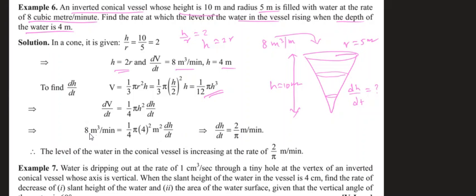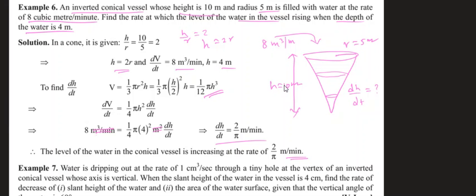So we get 8 equals 2 pi into dh by dt. Are you able to understand this? If you are confused with the units, you can work out separately. You know very well dh by dt means we are working in meter per minute only, so you need not put this. So therefore dh by dt is 2 by pi meter per minute. Are you able to understand this?